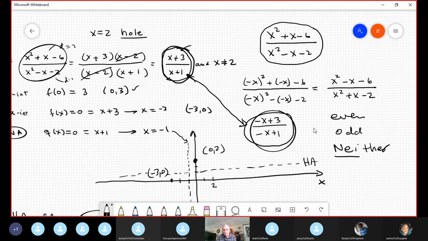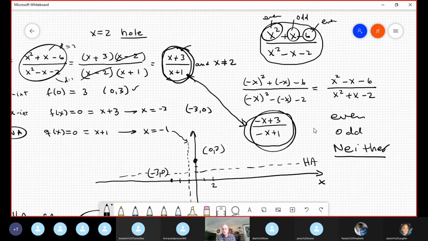Therefore, it's neither. And this happens if we have a combination of square and linear and constant, because this guy alone is even, this guy alone is odd, and this guy alone is even, because it's 6, a constant function.